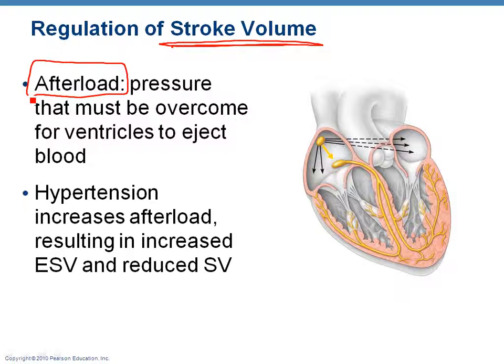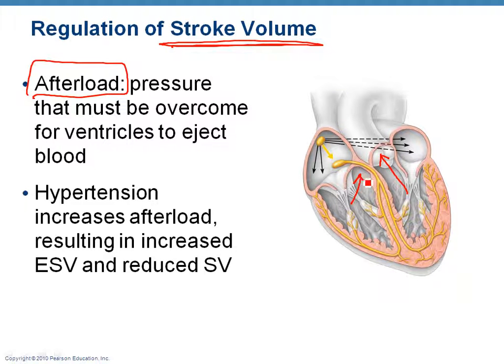The higher the pressure in the aorta and the pulmonary trunk, like if you have hypertension, high blood pressure, the more difficult it's going to be for your ventricles to squeeze hard enough to overcome that pressure.